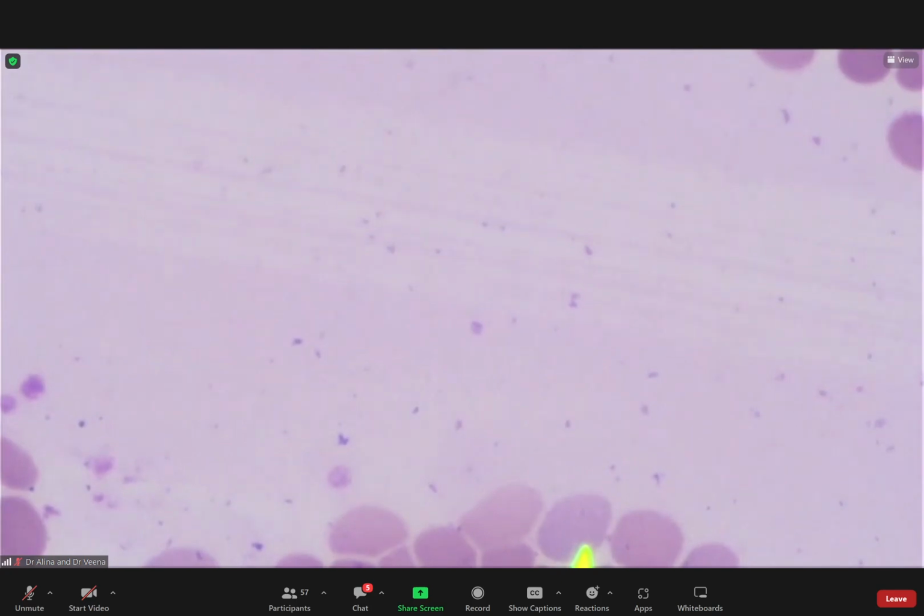Okay, let's move on to the next case. So this case was a baby girl at 13 hours of life, noted to have severe anemia.